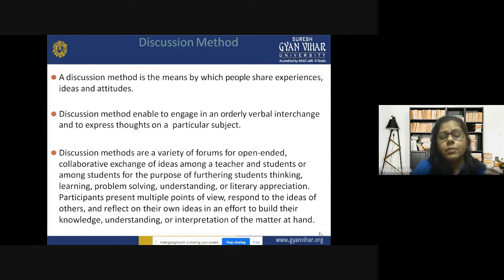An effort will be made so that they develop their knowledge, their understanding, or interpretation of the matter at hand, and how they are interpreting a particular concept or subject.